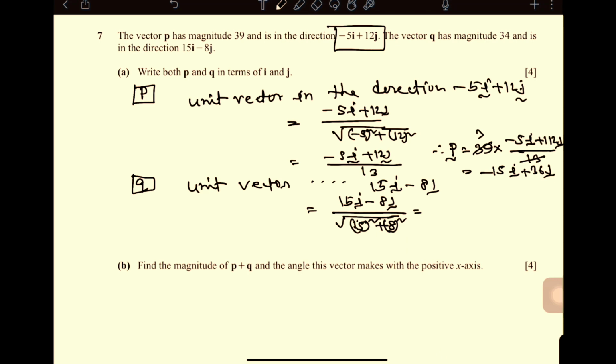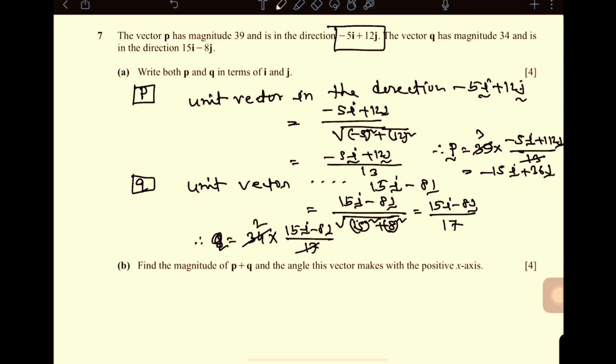So this is 15i minus 8j divided by 17. So q equals its magnitude times the unit vector in the direction of 15i minus 8j. So q equals 30i minus 16j.